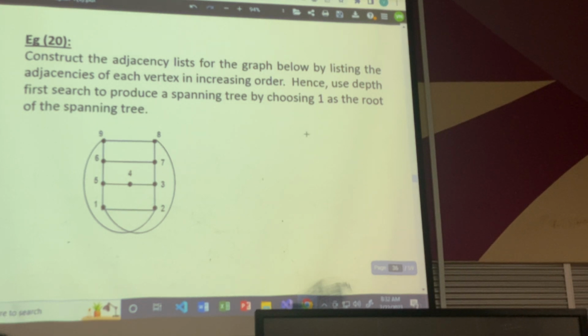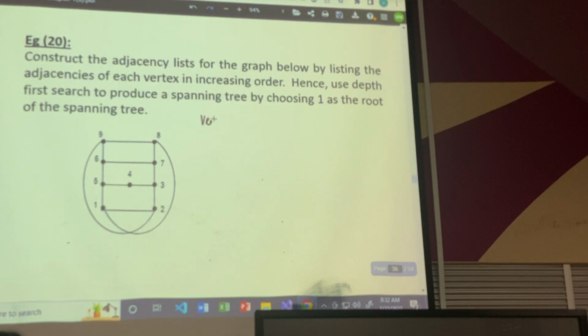Okay? So I will form this adjacency list first. The first column, you have the vertex. You have 1 to 9, right? The vertices here, and the list of adjacency here. So this one is 1, 2, 3, 4.